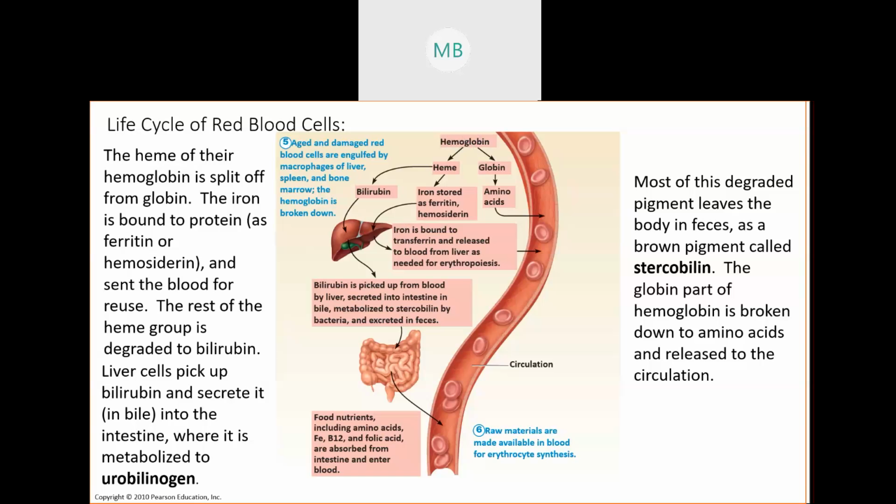So what happens is macrophages, which are a type of larger white blood cell that live in your liver and your spleen, kind of go Pac-Man on your dying and dead red blood cells, and they engulf them, and it breaks them apart and recycles the pieces. Right?